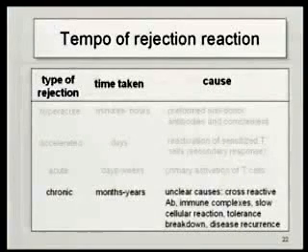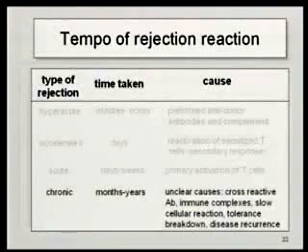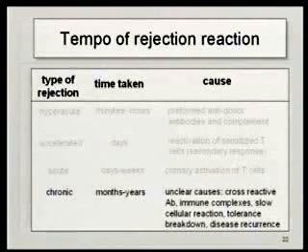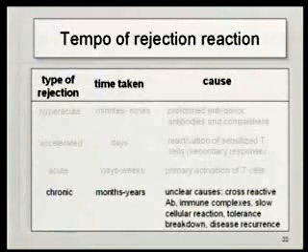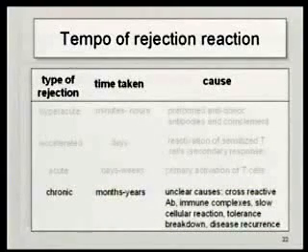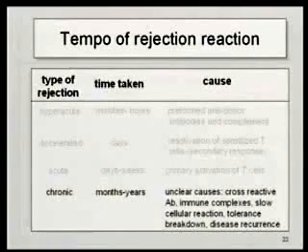And this may be due to either cross-reactive antigens that have sensitized the individual because of certain infections, or it may be the damage to the organ which was responsible for dysfunction of that organ in the first place.